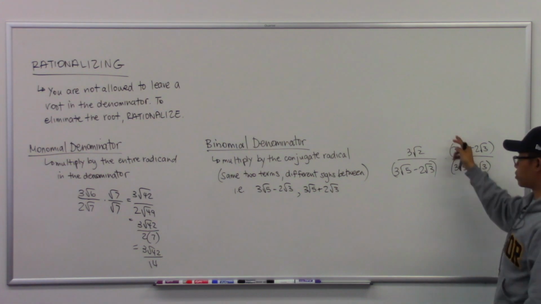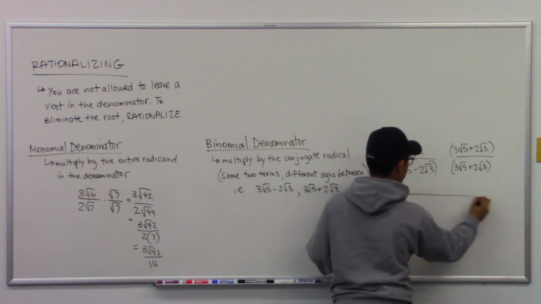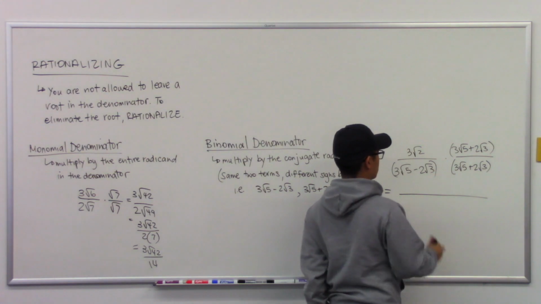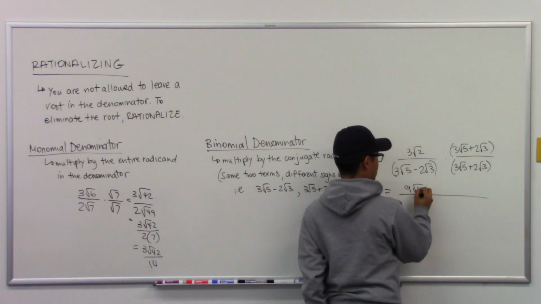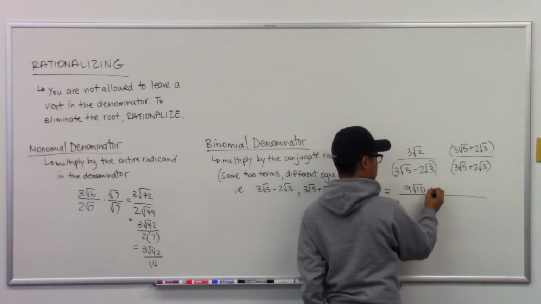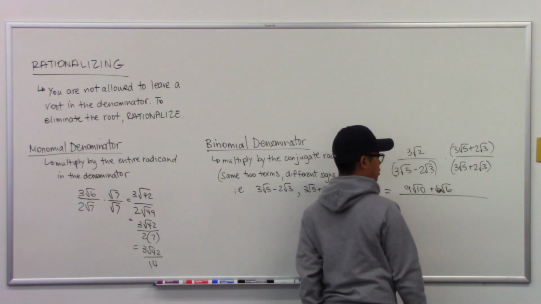Okay, or distribute. So 3 root 2 times 3 root 5 is? What's 3 root 2 times 3 root 5? Good. What's 3 root 2 times 2 root 3? Good. Nope, there's nothing you can do there.